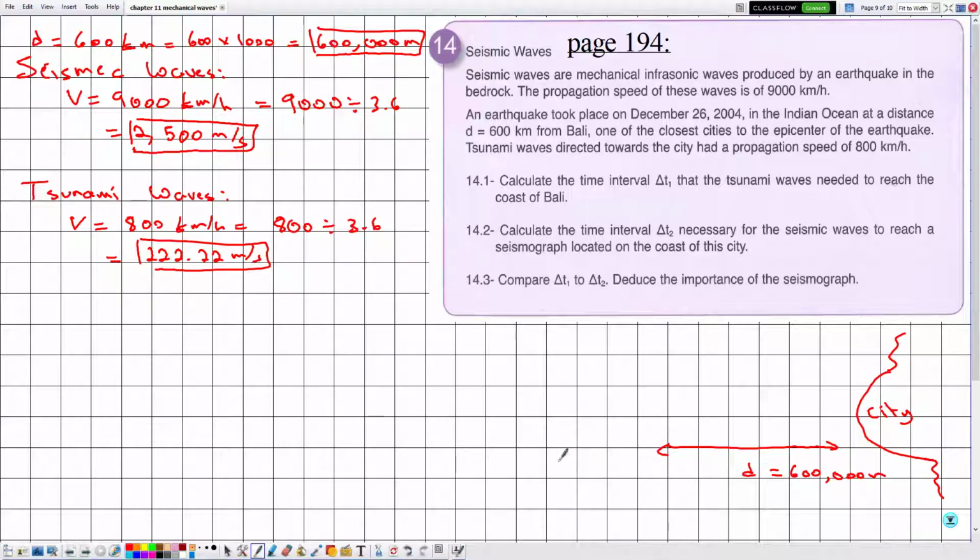So this is the epicenter of the earthquake. And when the earthquake happens, two waves travel toward the city. The first wave is given by the seismic waves, and the other wave is the tsunami waves.